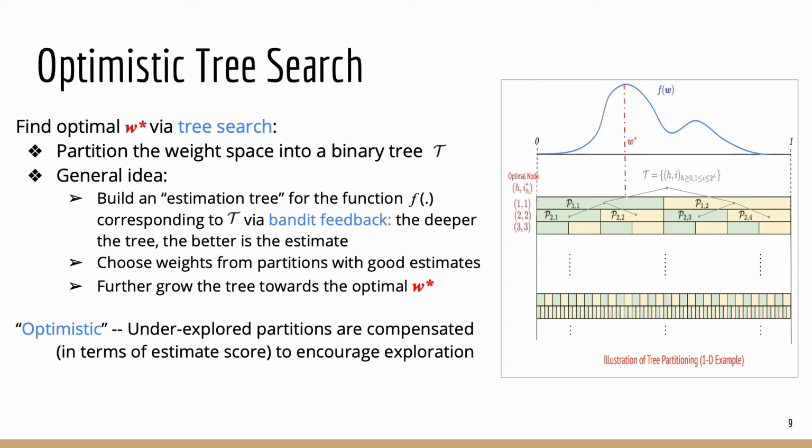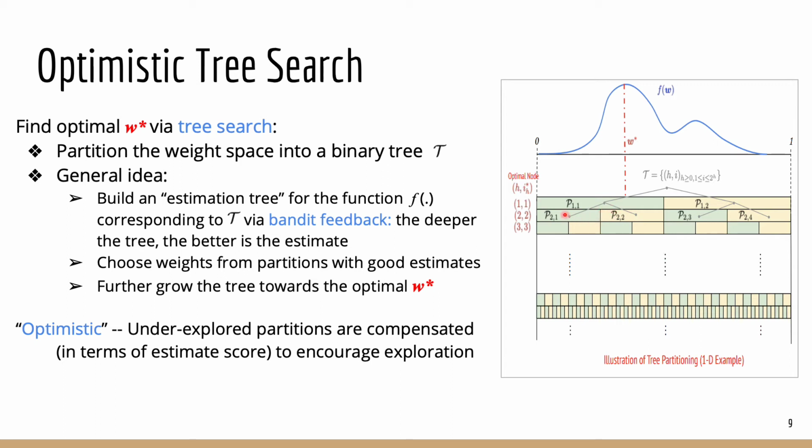The second challenge of our bandit, as we previously discussed, is the continuous set of arms. We use the tree search approach. To find the optimal solution, we first partition the weight space into a binary tree, as this picture shows. Then the general idea is as follows. We first build an estimation tree for the function f corresponding to the binary tree.